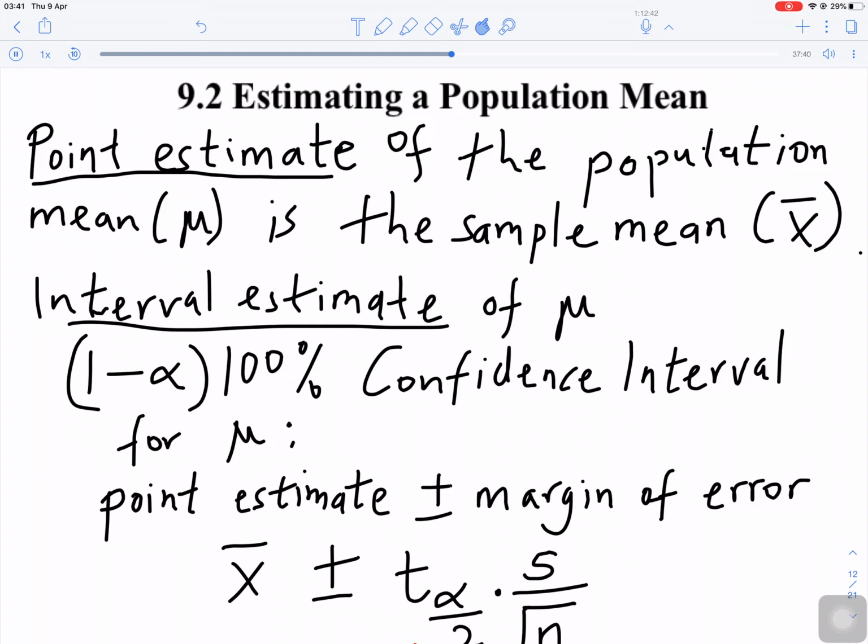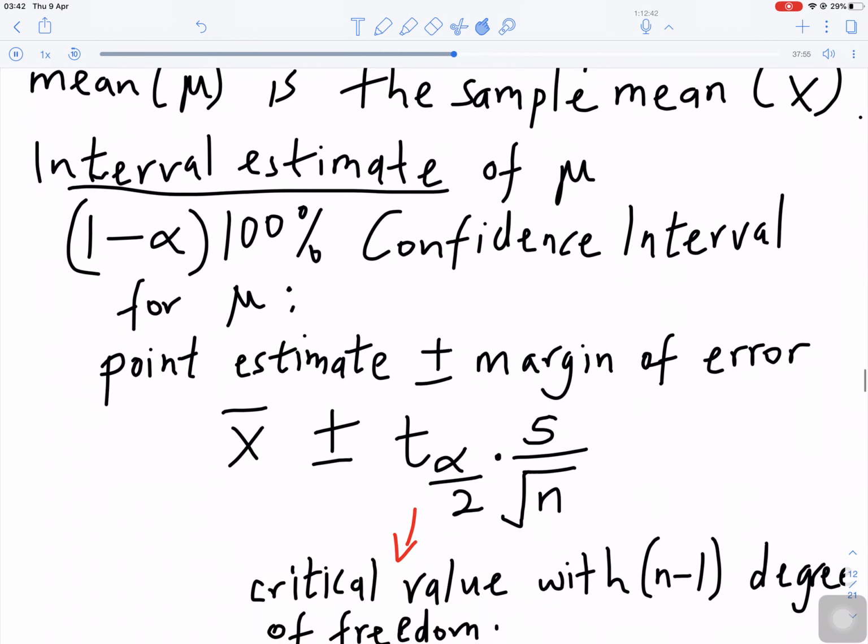With several different samples, there will be different outcomes for the sample mean. To be safer, we can have a range, an interval, to say that the population mean is likely to fall within this interval. When we do that, we are doing interval estimation.